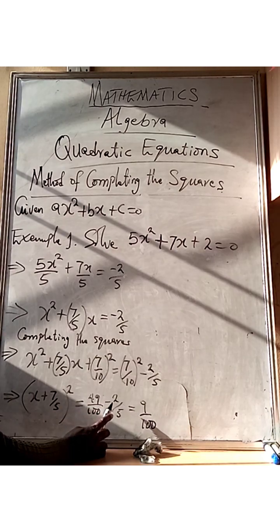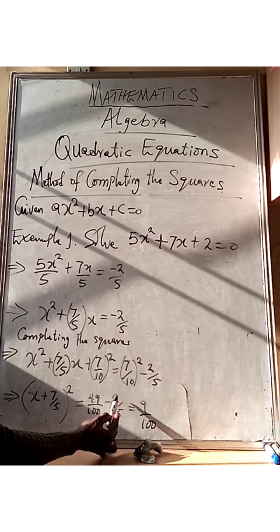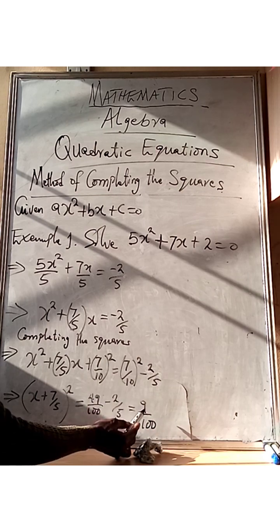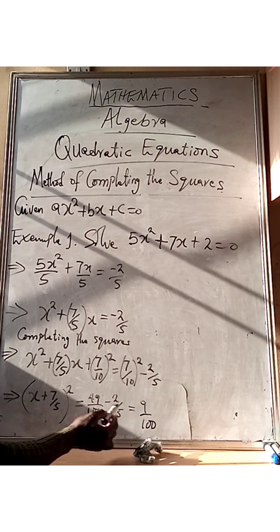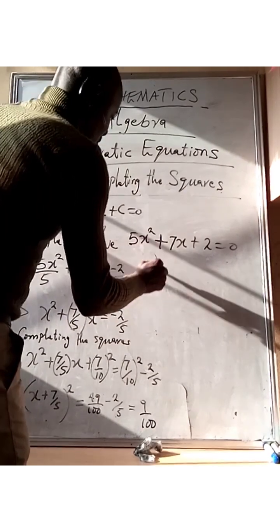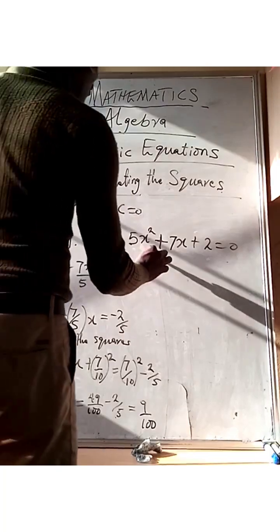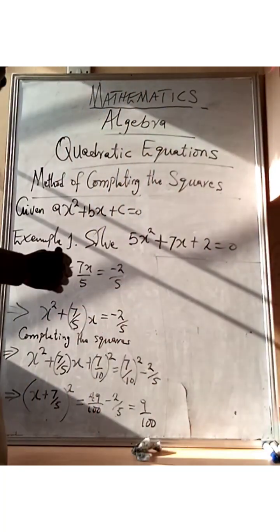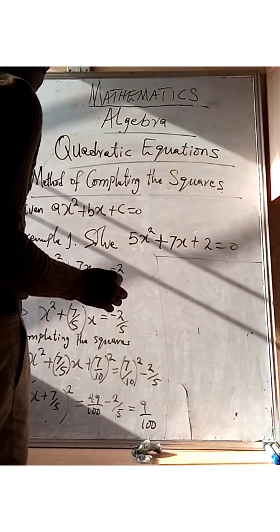If I multiply this, like I said, it's going to give me 40. If I multiply this by 20, it will give me 100. So if both have the same denominator, then I will subtract the 40 from this, and that will leave me with 9 over 100. So fast forward, we are at the point where we took the square root of both sides.